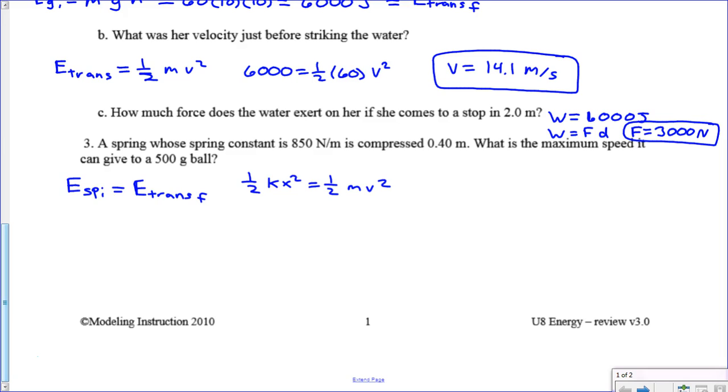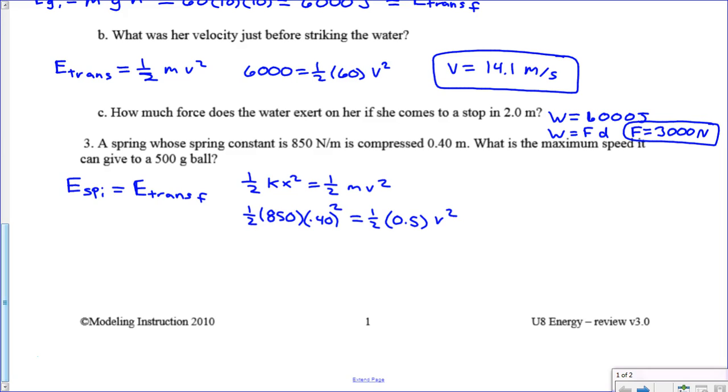But we'll say 1/2 times the k, which is 850, that's the spring constant, times the distance that it was stretched or compressed, which is 0.40, squared equals 1/2 times its mass. It's 500 grams. You got to convert that to kilograms, so it's 0.5 kilograms times the velocity squared.